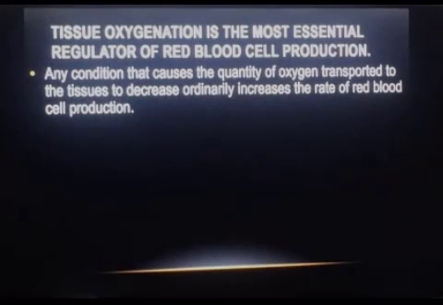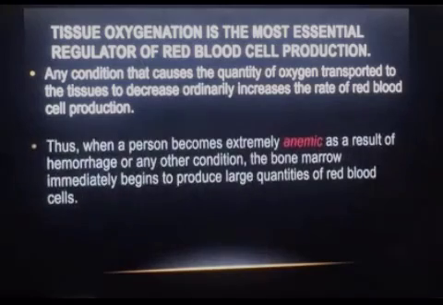Tissue oxygenation is the most essential regulator of blood cell production. Any condition that causes the quantity of oxygen transported to the tissue to decrease ordinarily increases the rate of red blood cell production. When there is less delivery of oxygen to the tissue, there is increased production of red blood cells.